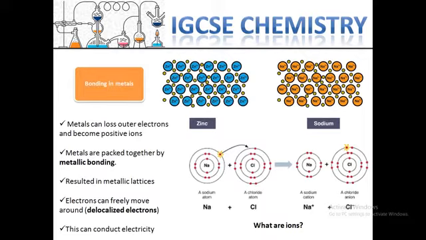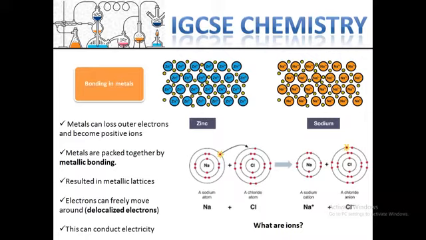They are kind of metallic lattices. And the electrons can freely move around, that I said before. Electrons can move freely between the metal positive ions.